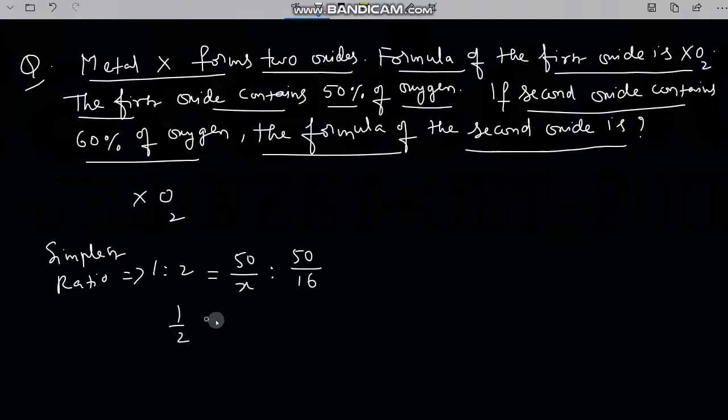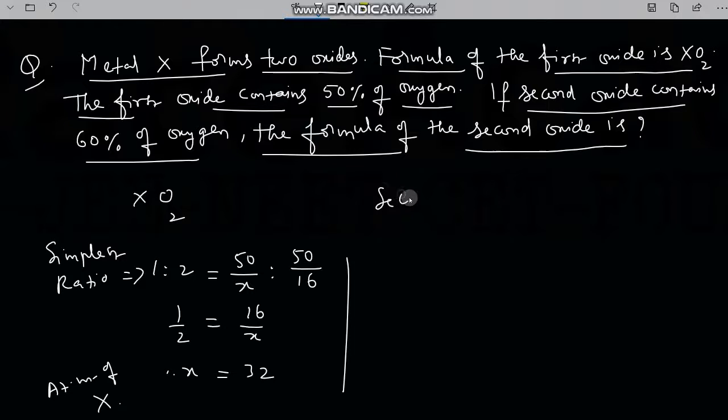So 1 by 2 is equal to 50 by X into 16 by 50. So this answer becomes 16 by X. Therefore X is equal to 32. The atomic weight of X is 32.